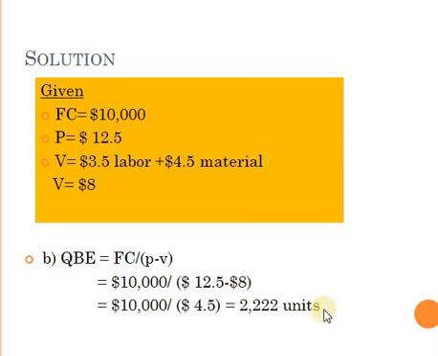So you will see that the quantity that has to be sold in order to break even, to cover your costs, is 2,222. So I can ask you for the quantity at break even or the break-even dollars.